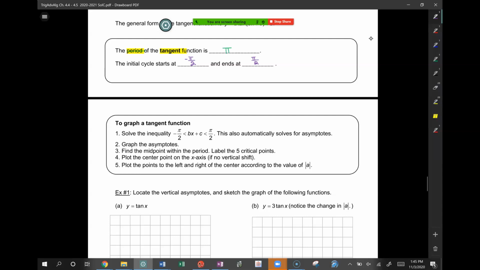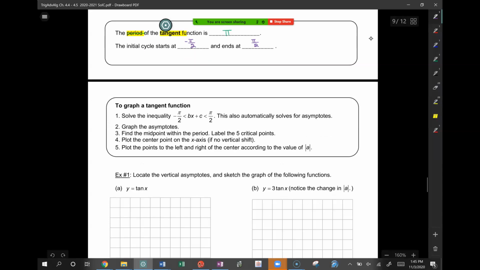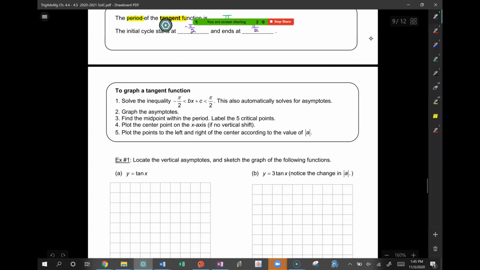How do we graph the tangent function then? Remember how for sine and cosine we went 0 less than or equal to blah, blah, blah, 2 pi? Similar to that, for the tangent function, it's going to look like this. We're going to go from negative pi over 2 to pi over 2, not 0 to 2 pi.